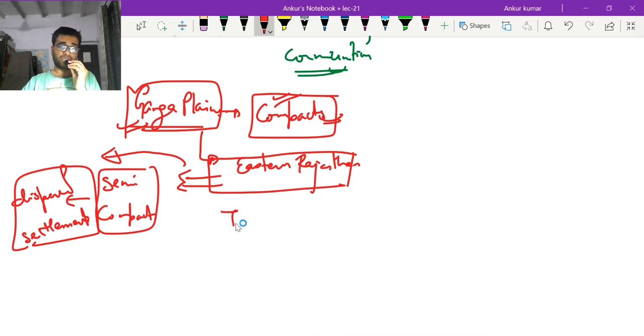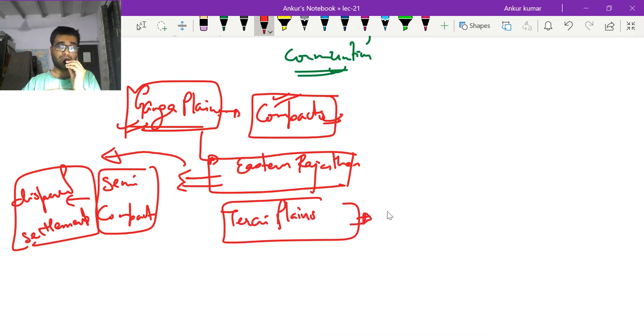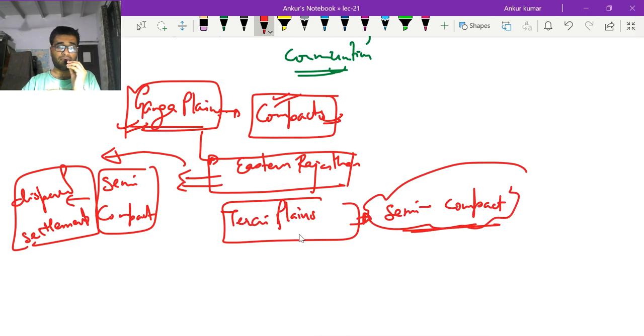And if you see the Tarai plains, again the settlements here are semi-compact or semi-dispersed. Now why semi-compact? Because the water level is very close to the ground in the Tarai plains, and because of this there is no need for the communities to make compact settlements. That's why communities live far away from each other, making these settlements semi-compact.